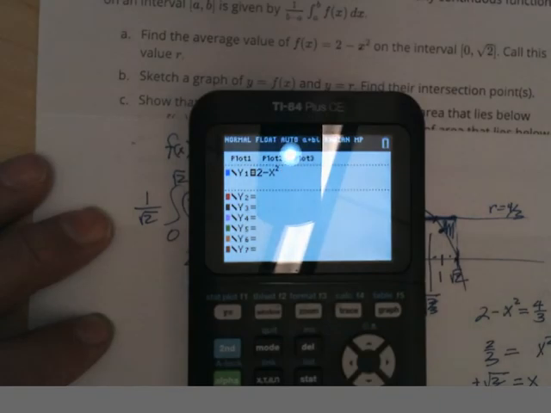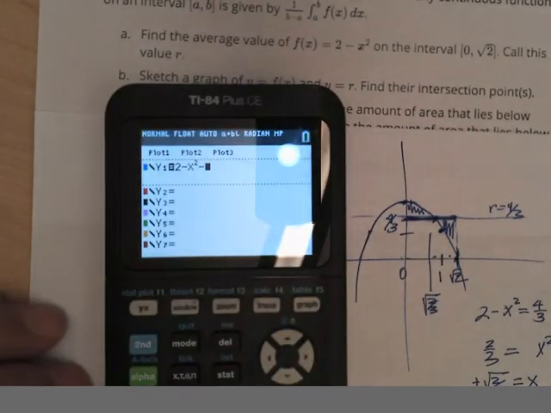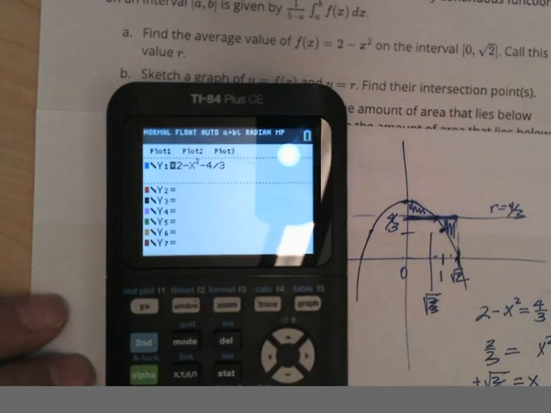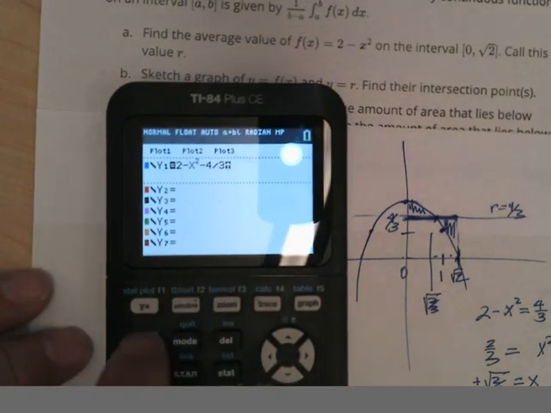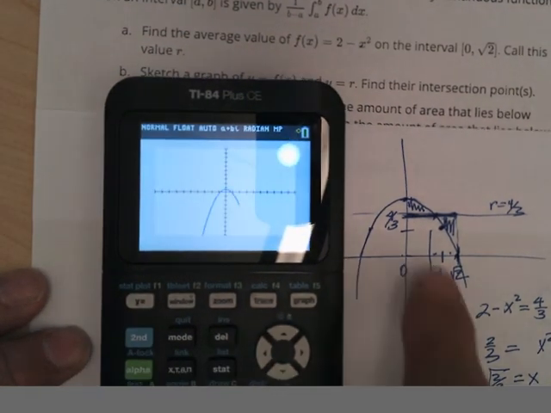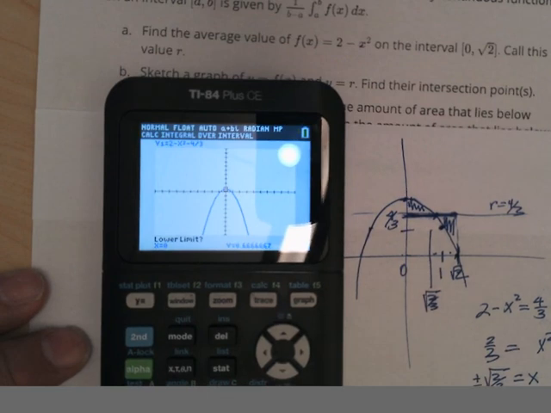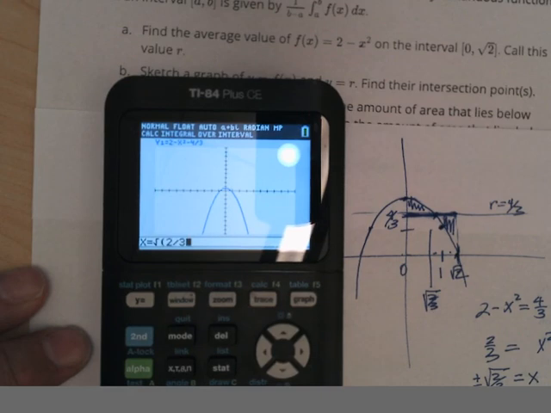And then we have minus the lower one, which is 4 divided by 3. And I'm going to go second, calculate, the area from 0 to square root of 2 divided by 3.